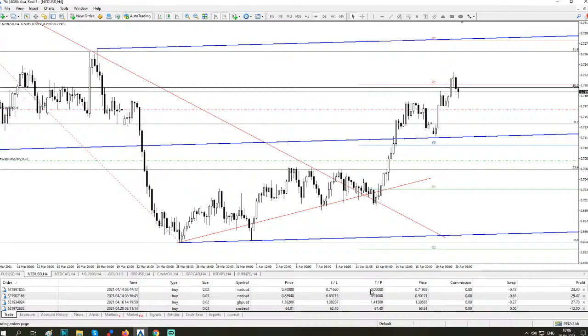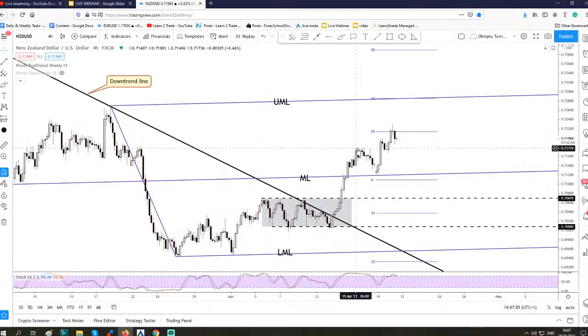We don't have a take profit because we'll let this position ride, and if it continues to increase, we will move only our stop loss. The price has decreased a little after reaching this weekly resistance R1 0.7213. Only a false breakout here, that's why it has decreased a little, but the bias remains bullish.